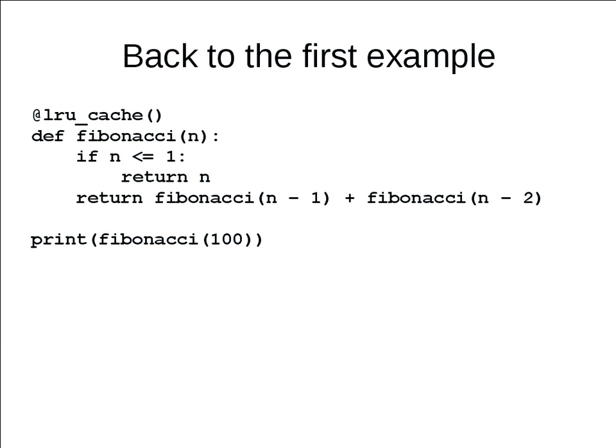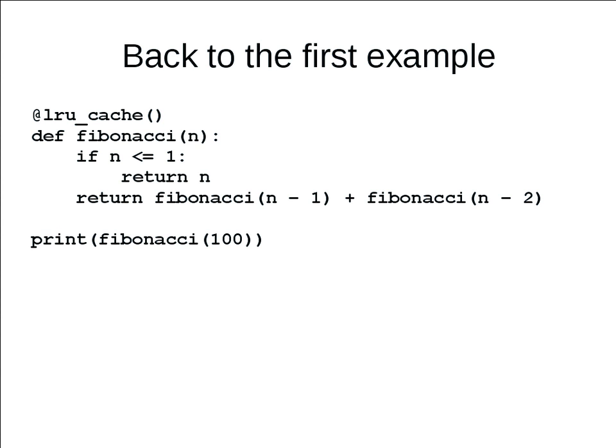And that's why it takes only 25 milliseconds on my laptop, because it's only making about 100 calls instead of this incredible exponential behavior. LRU cache is one of the many fine features of Python 3.x. One of the things you get if you jump ship and go to Python 3.x. If you are stuck in Python 2.x, you can get it. There's a couple places, and I put links in the speaker notes.